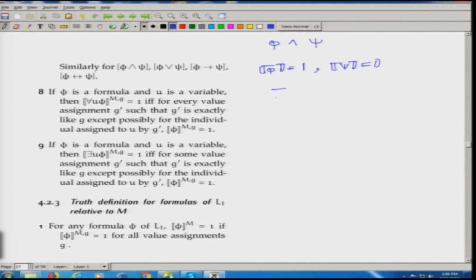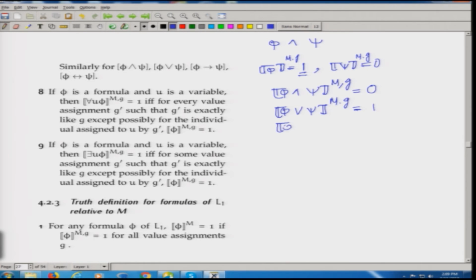In that case, the denotation of phi and xi with respect to m and g, of course, I forgot to add, we have to add this every time, will be what? Because in order for this to be 1, both have to be 1, but not that both are 1, because this is 0, it will be 0, and the denotation of phi or xi will now be 1, because in order for this to be 1, at least one should be 1, and at least one is 1, right, phi is 1, therefore, it will be 1.